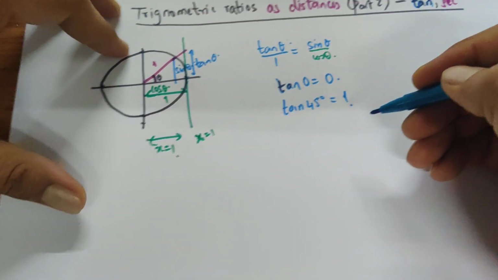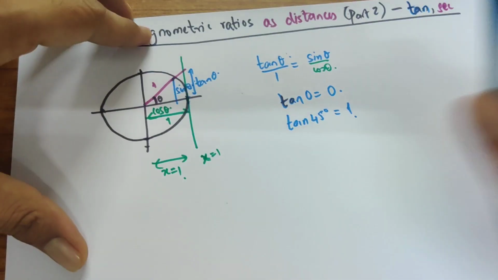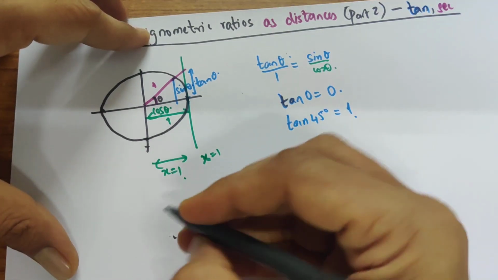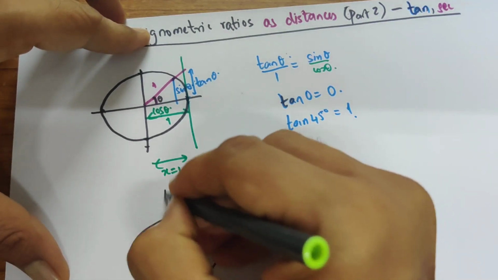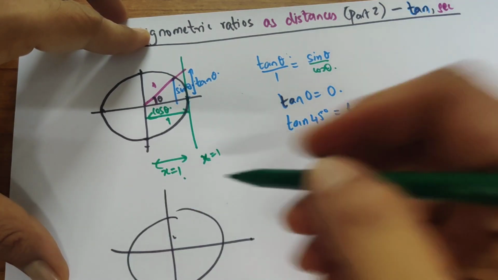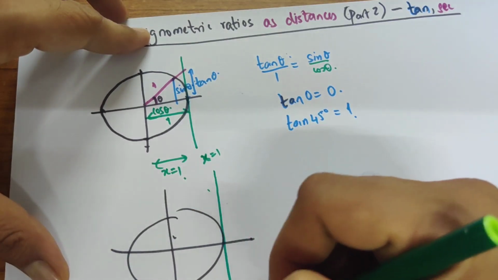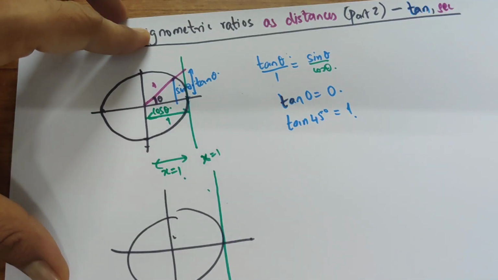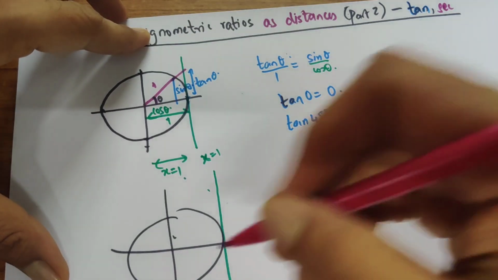So let's see, let's draw that. Okay. So let's say I have a unit circle, I have this line, and I increase the angle. There was one angle I drew there, let me draw a different angle.